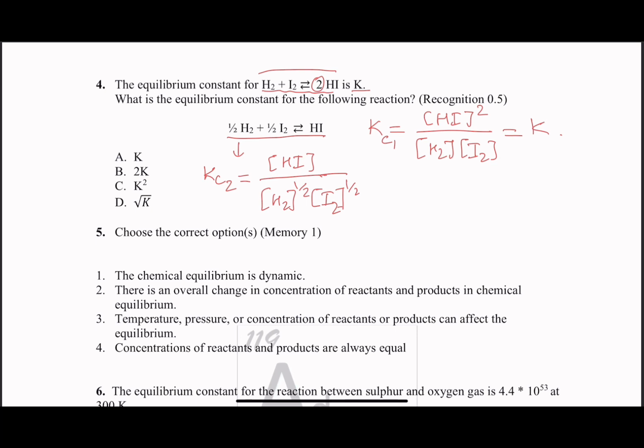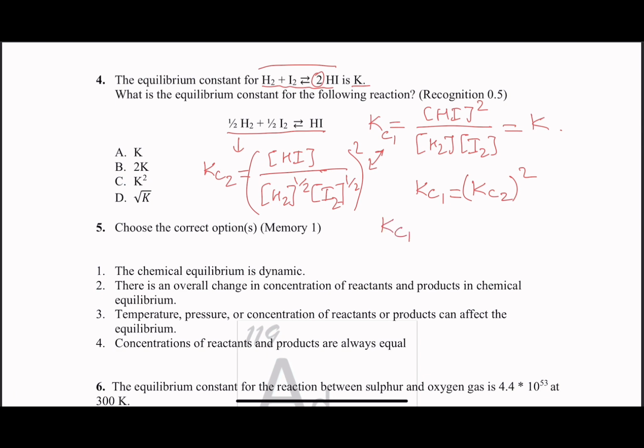If you look at this, you would see that Kc1 is related to Kc2 in this way. Because if I take the square of this, I will get Kc1. So since Kc1 is K, Kc2 is going to be equal to the square root of K.